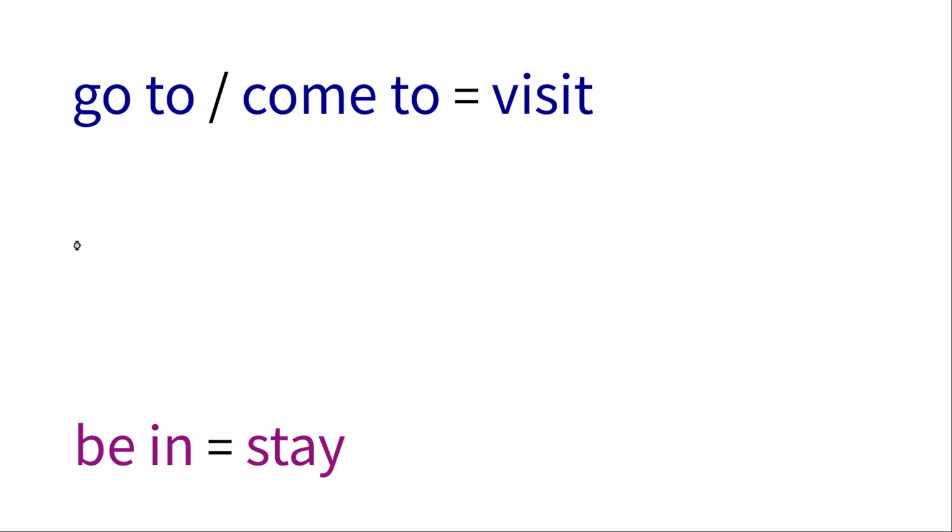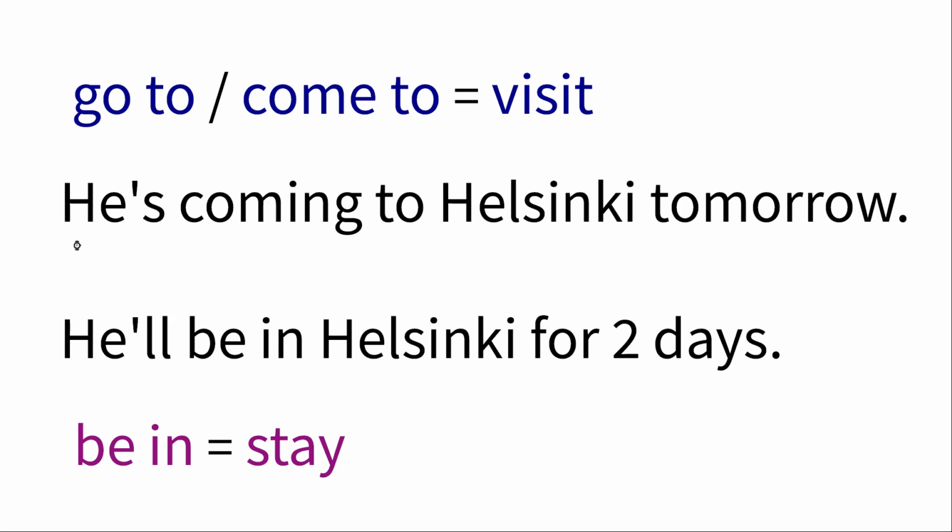So to summarize, let's remember that go to means visit and be in is really in connection with stay. So let's look at some examples in the past, present, future, present perfect. Okay, here we're in the future. He's coming to Helsinki tomorrow. He's visiting Helsinki tomorrow.